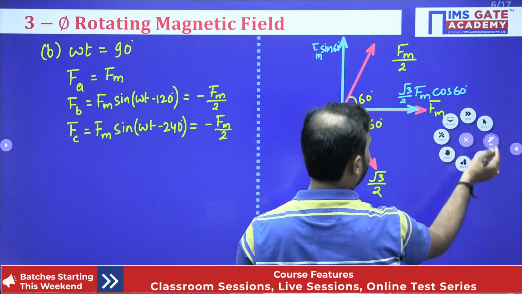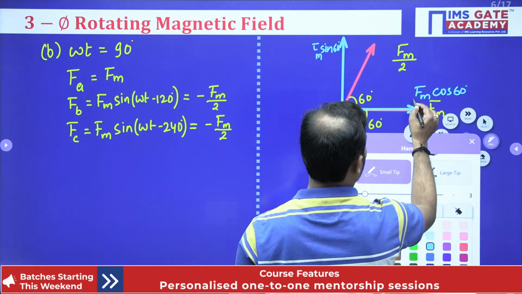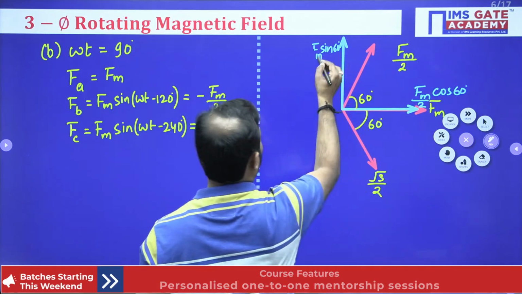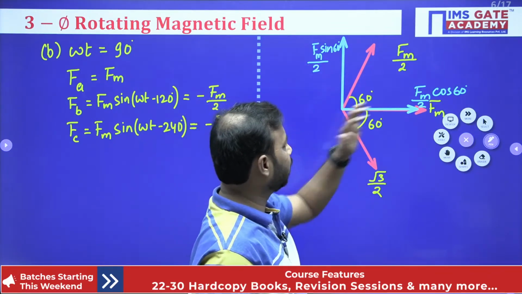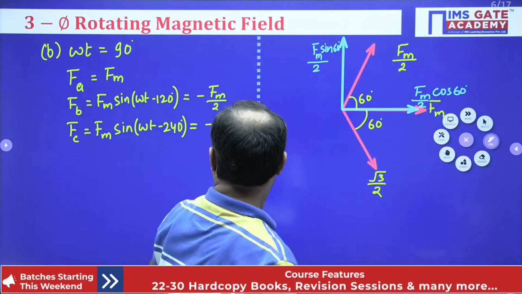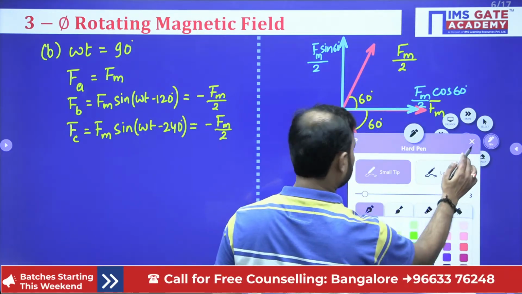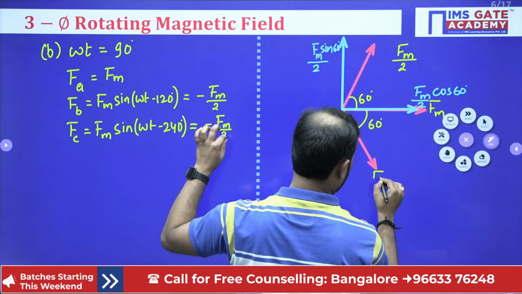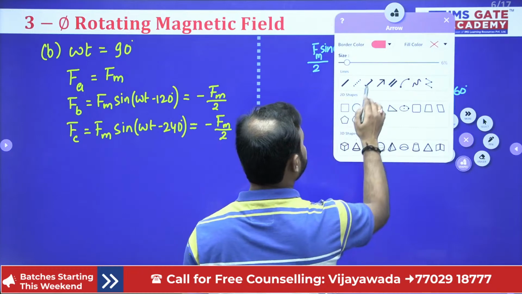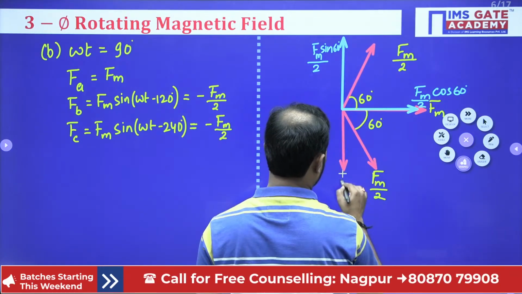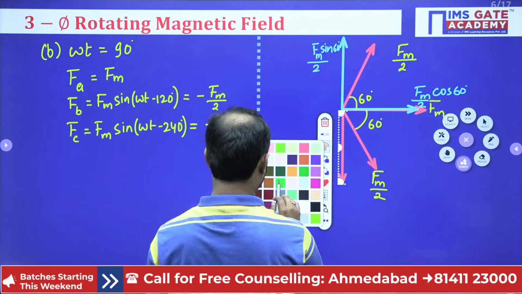So this will resolve as Fm by 2 sin 60 and here Fm by 2 cos 60. And for this part, this is Fm by 2. Let us resolve this one as well, this part, with green color. Let me replace with green color.